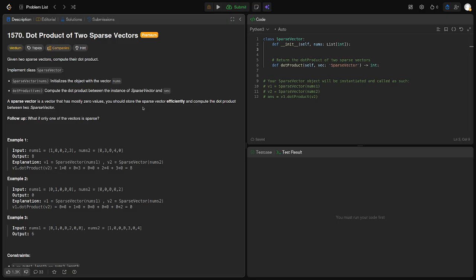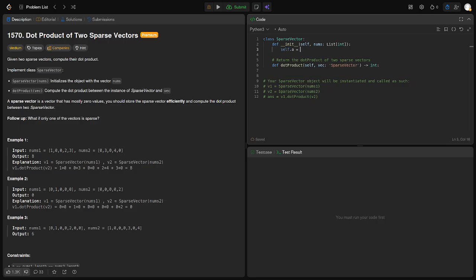Well, okay, so the whole point is that the dot product is first position times first position plus and so on. So if there is 0 at some position in either of them, we ignore it, right? So we are only interested in non-zero positions, which we can store in a hash map.